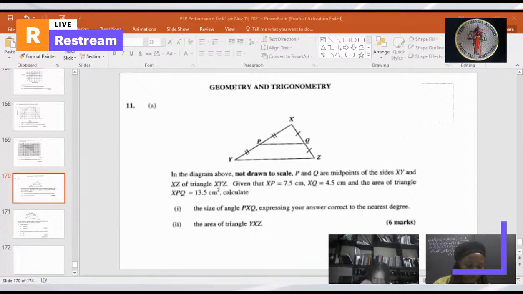Okay, miss. Number 11. In the diagram above, not drawn to scale, P and Q are midpoints of the sides XY and XZ of triangle XYZ.